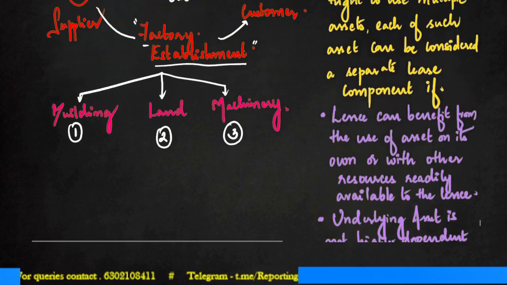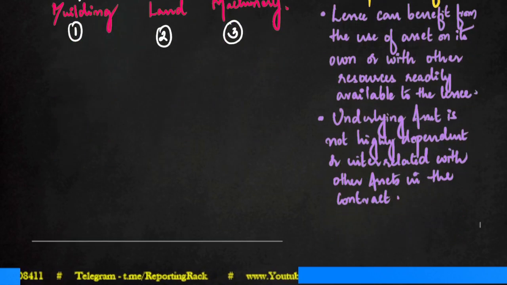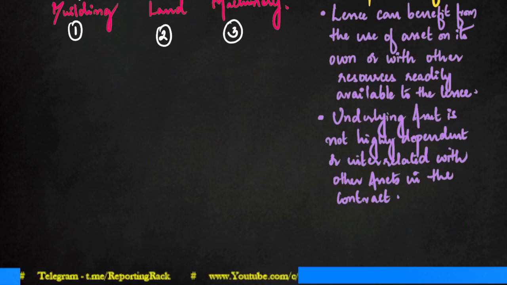Look at what it is saying. It is saying, if the contract conveys a right to use multiple assets, then each of those assets shall be considered as a separate lease component as per IND AS 116 only if the lessee can benefit from the use of the asset on its own or with other resources which are readily available to the lessee, and the underlying asset is not highly dependent or interrelated with the other assets in the contract.